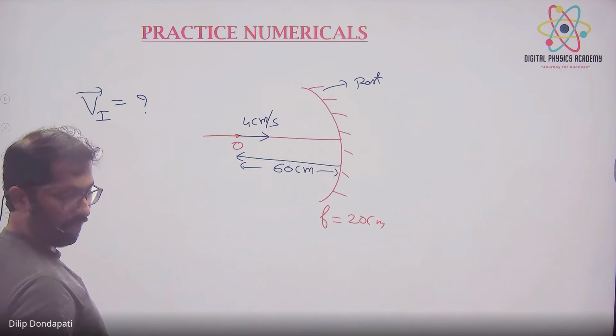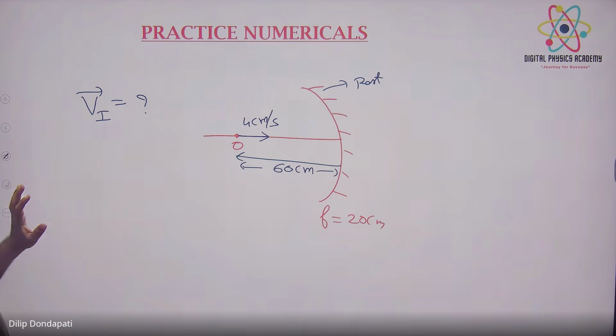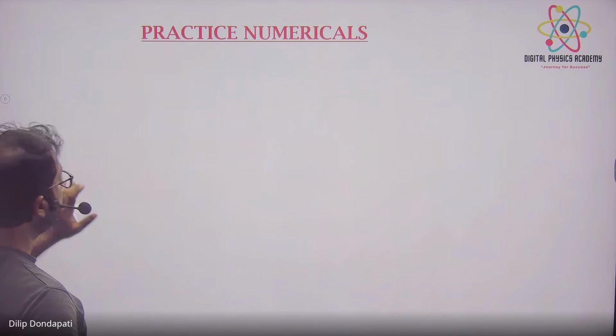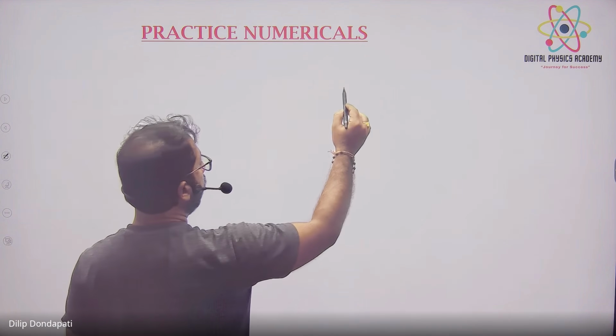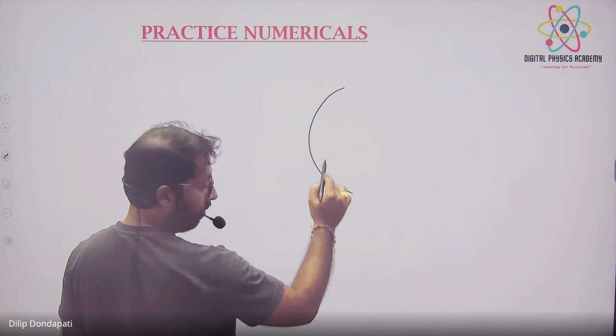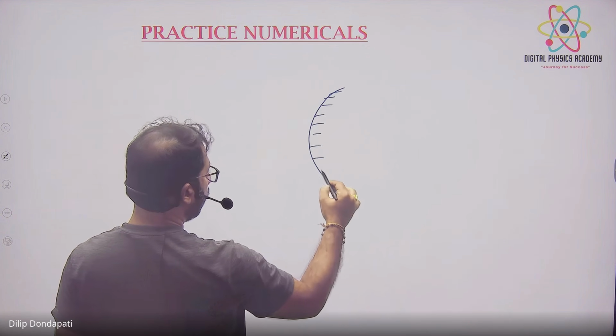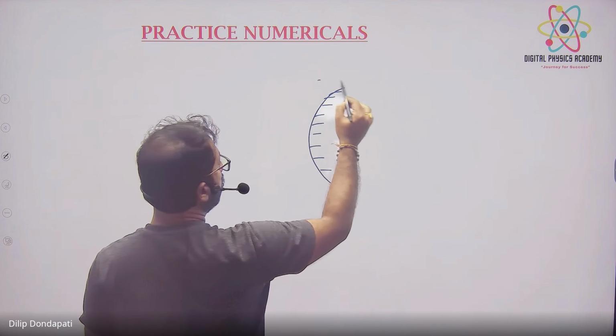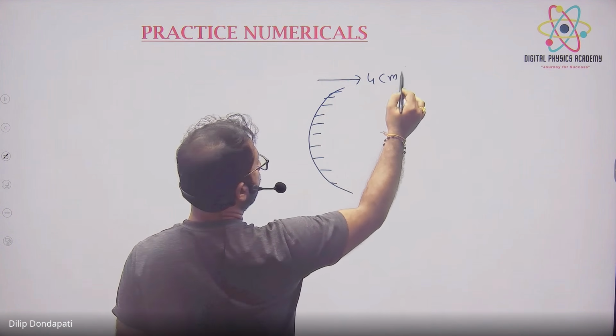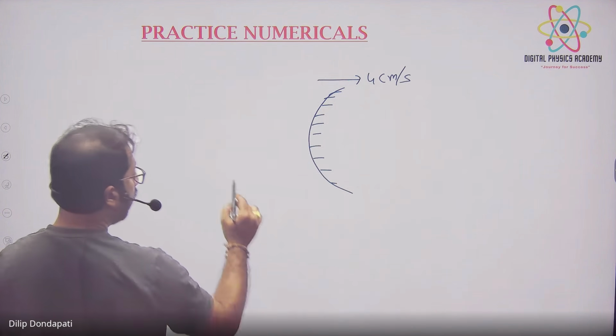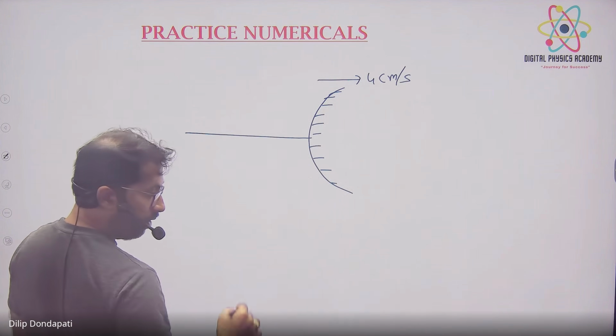Okay. Next. आया ना सबको? Formula वही use करेंगे. Suppose मान लो the concave mirror is moving with 4 centimeter per second. Now this is the object.